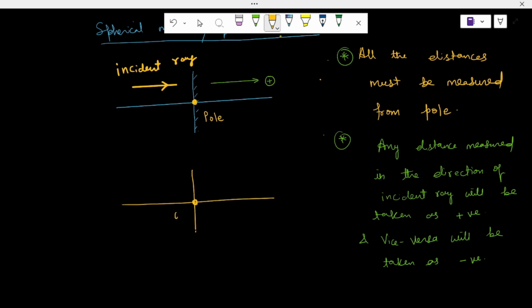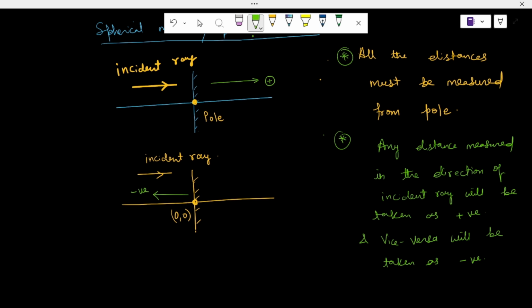if this is the pole, and this is my incident ray, then if I am measuring anything in this direction, it will be taken as negative.